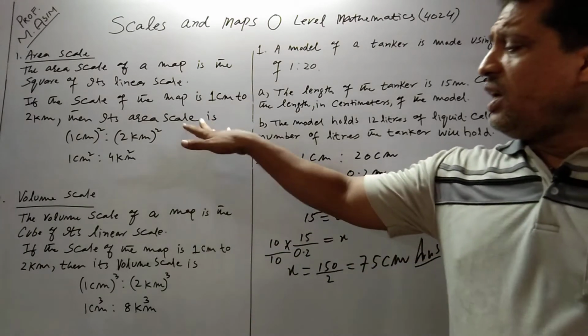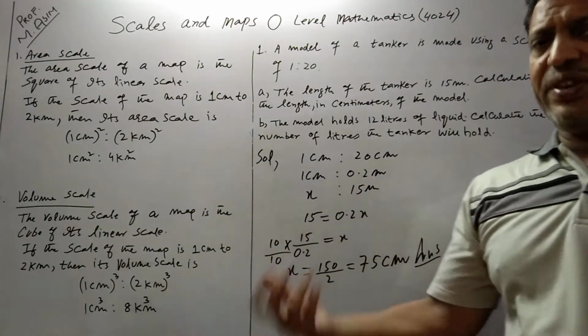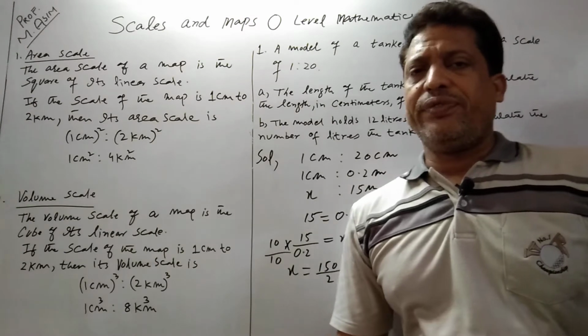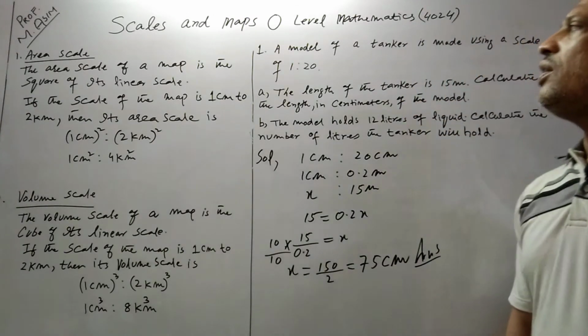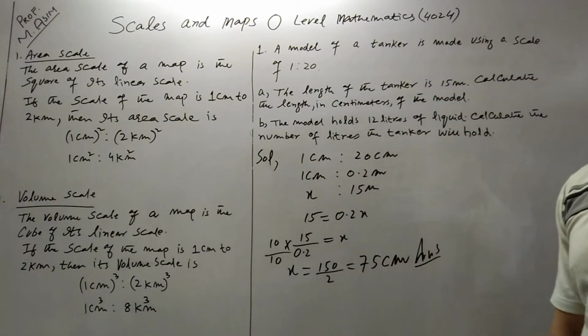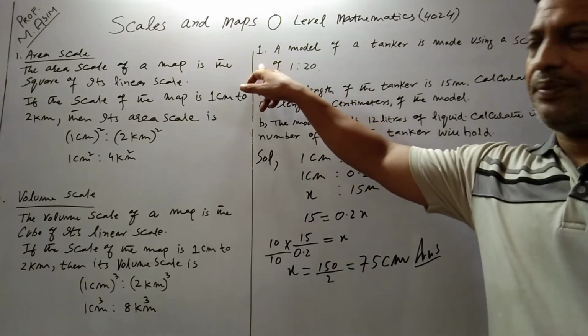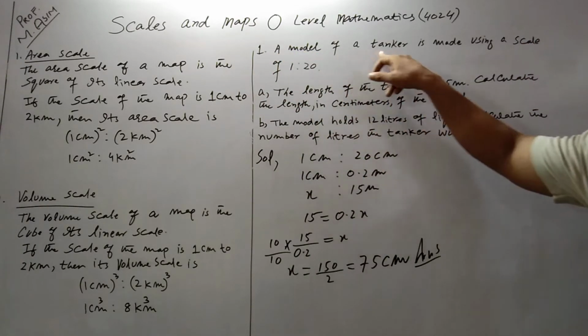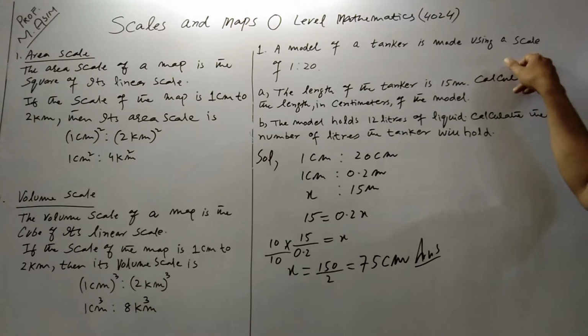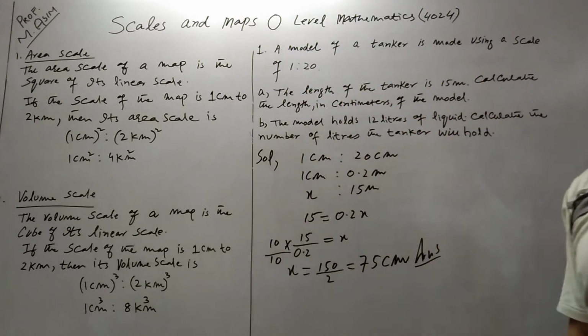With the help of these two definitions and the previous definition of linear scale, we are going to start past paper questions. Question number 1. A model of a tanker is made using a scale of 1:20.